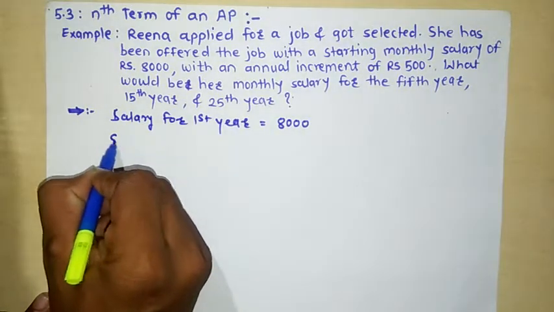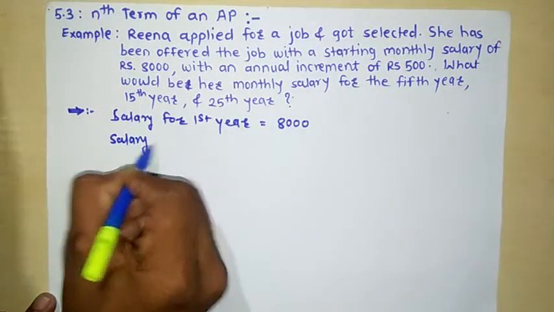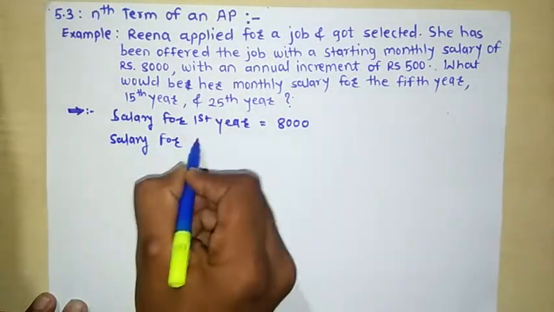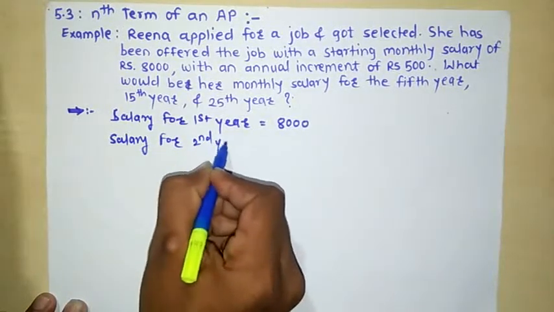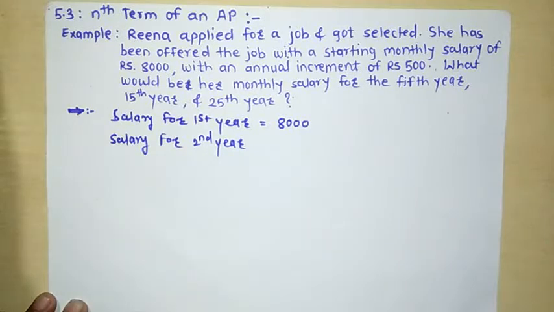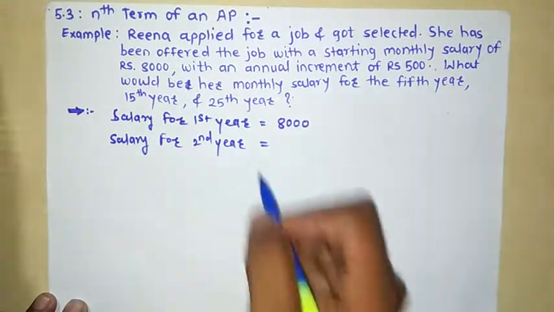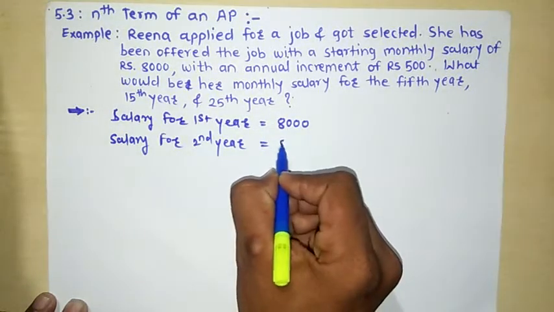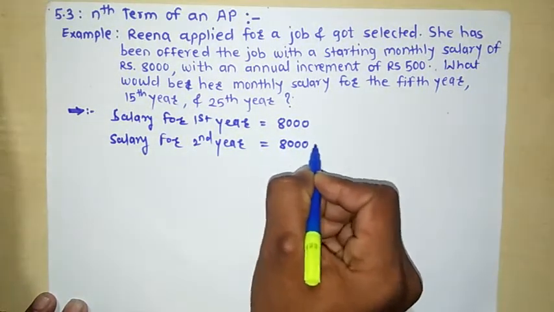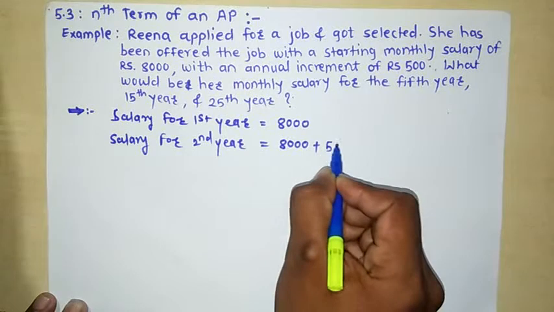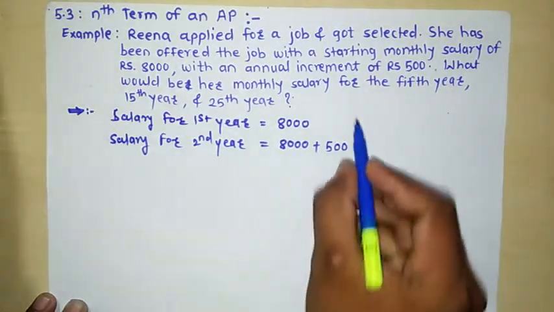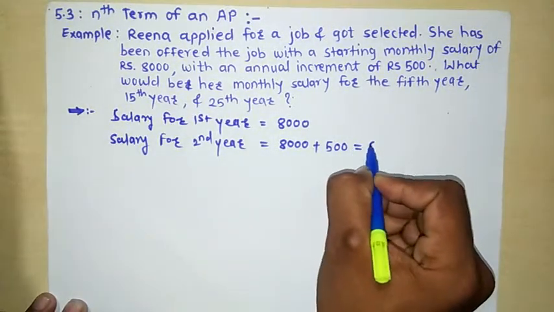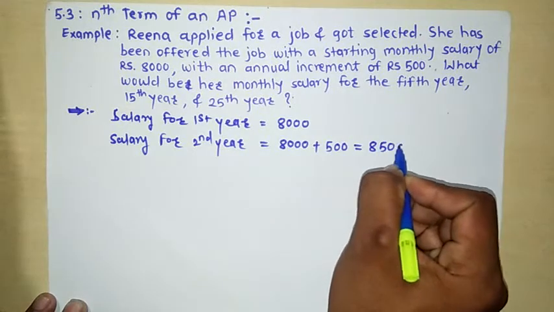Then salary for the second year is equal to, there is a 500 increment after each year, that is 8,000 rupees plus 500, that is the increment, which is equal to 8,500.